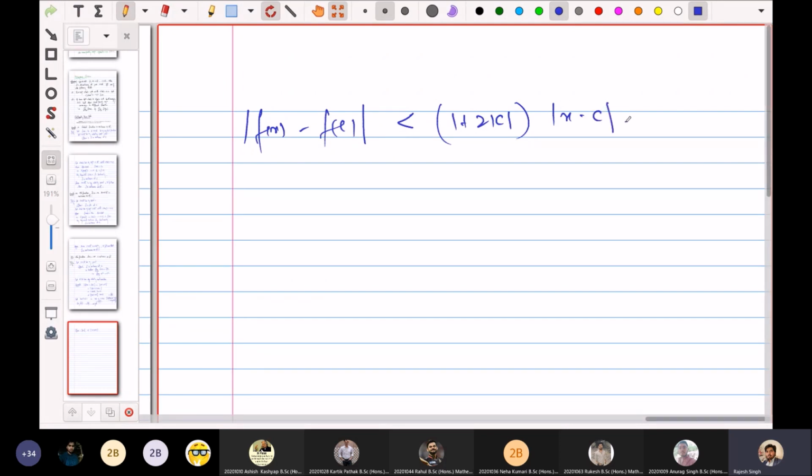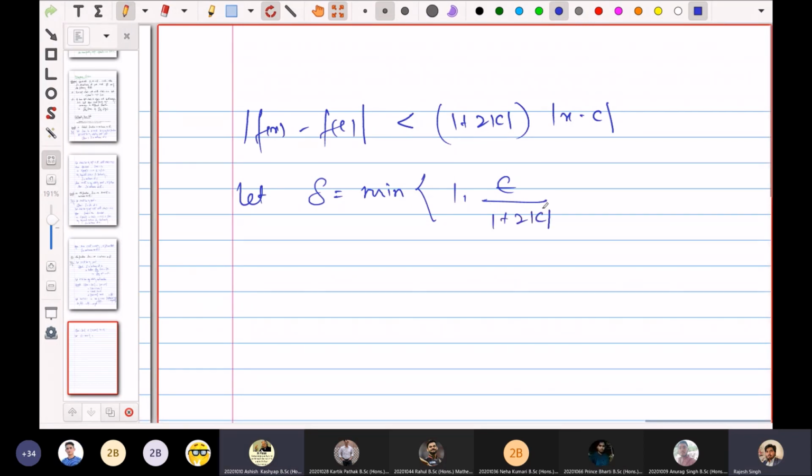So what delta should we choose? Minimum of 1 and epsilon upon 1 plus 2 mod c.